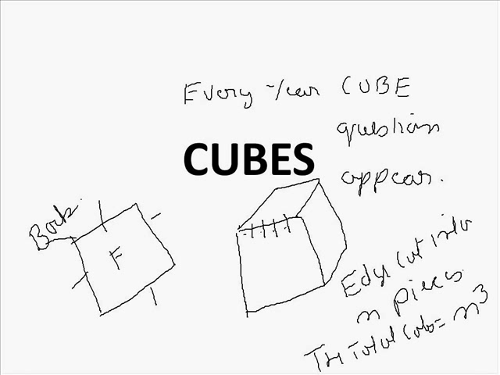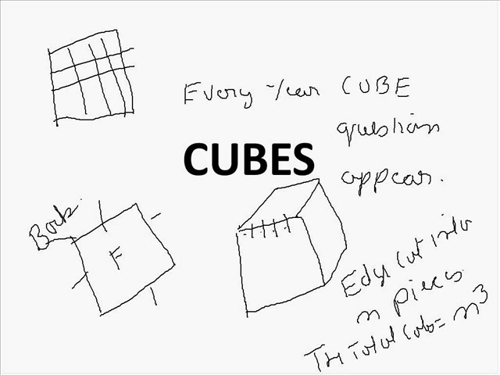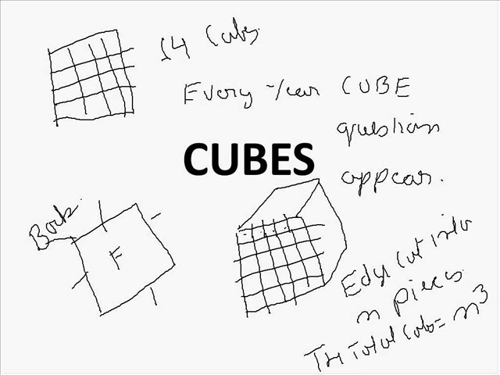Now here if I make another cube, you can see this 4. That means it will have 64 cubes. Here I made 5, so it will have 125 cubes. Okay. Now this is the basic principle.